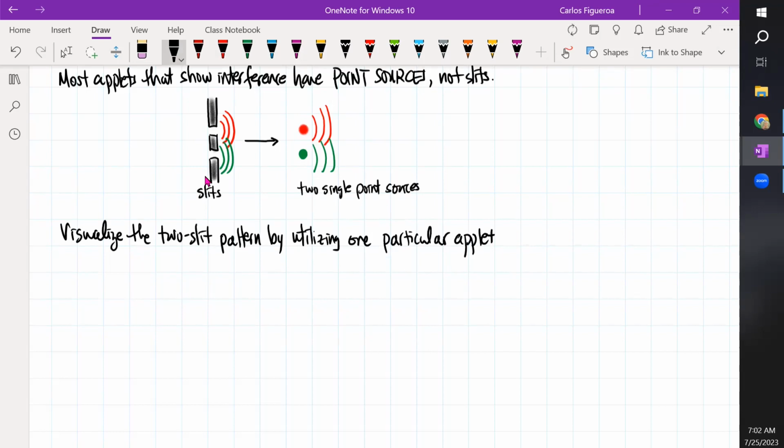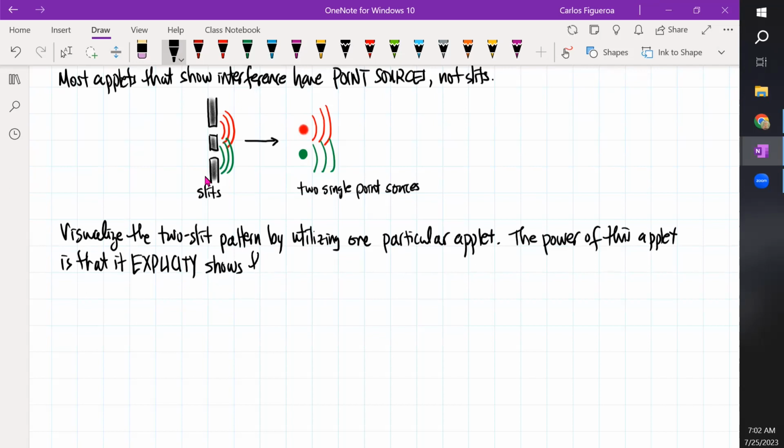Now, the power of this applet is that it explicitly shows the path difference between 2 waves.